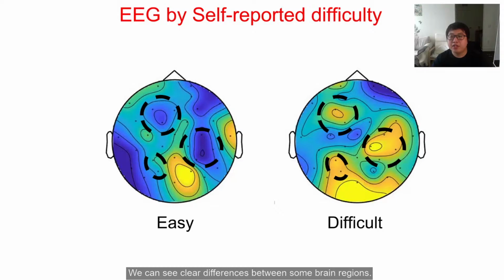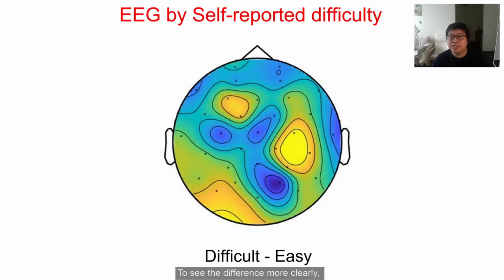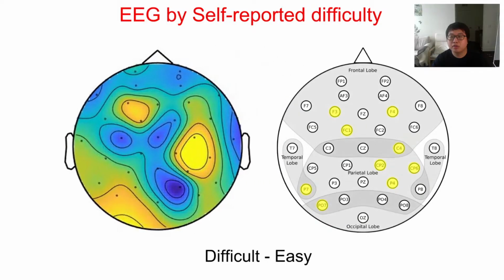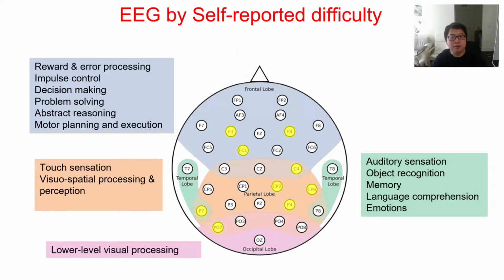We can see clear differences between some brain regions, like the marked ones. To see the differences more clearly, we created a topographic map showing the differences between difficult and easy. We highlighted the electrodes that had clear differences on the right. Different brain areas have different functionalities.